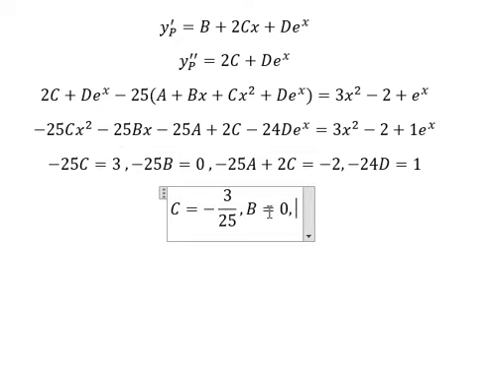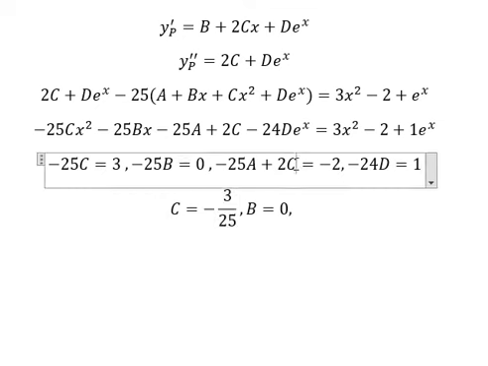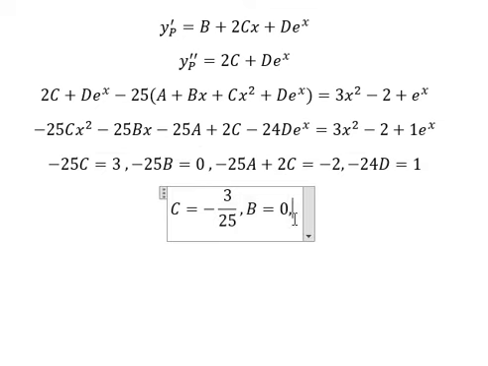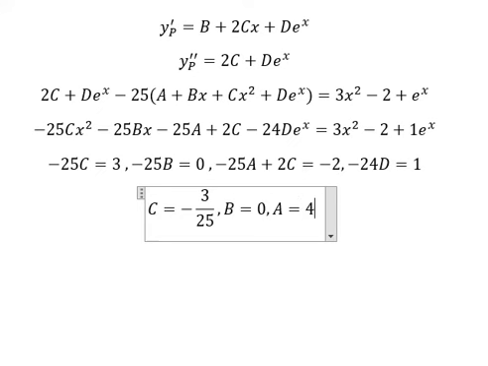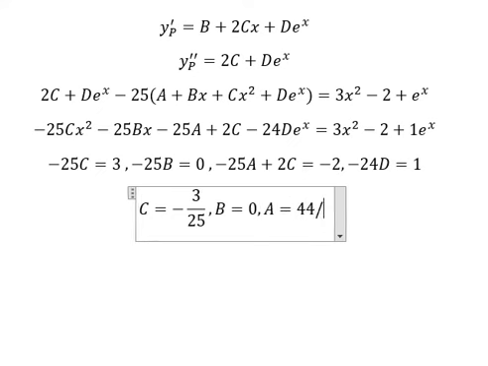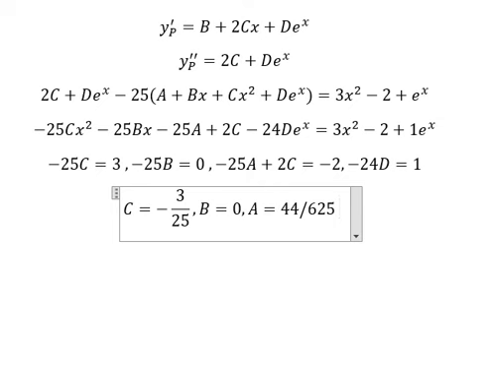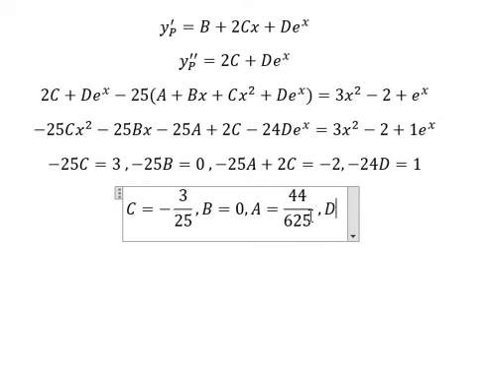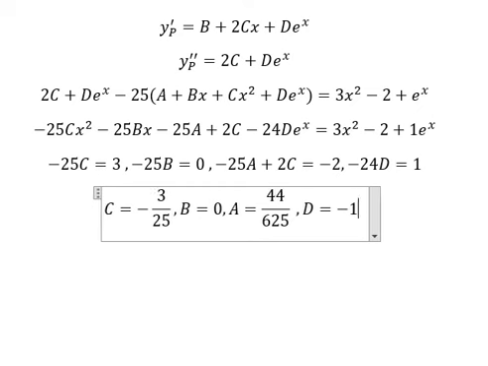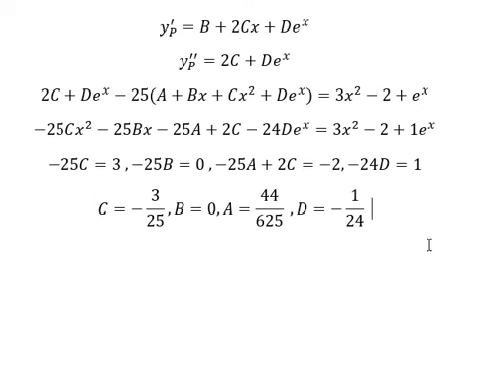So we have the value of C in here, so I will put negative 3 over 25 in here to find the value of A. And we have A equals 44 over 625. And the last one, we have D equals negative 1 over 24.